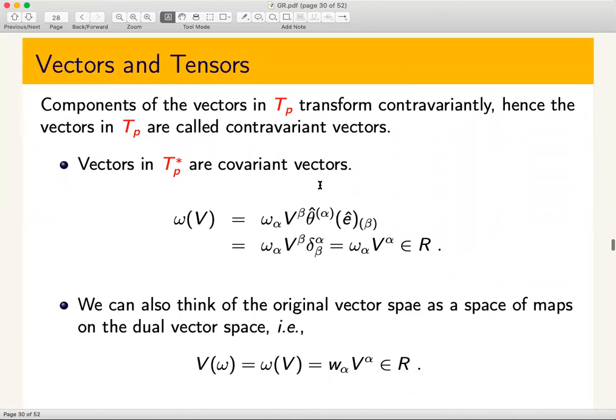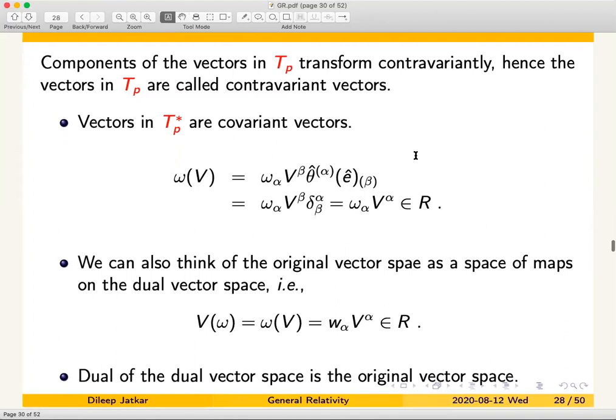As I said, the vector itself does not transform, but its components transform contravariantly, and therefore that vector is referred to as a contravariant vector. On the other hand, the vectors belonging to the dual space, which is the cotangent space, transform in such a way that the components transform covariantly, and therefore we call them covariant vectors.